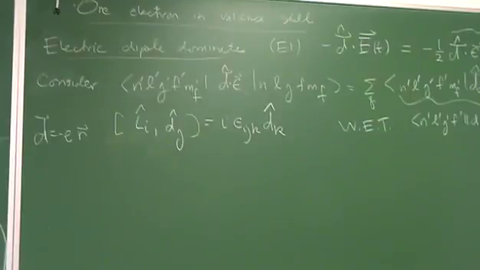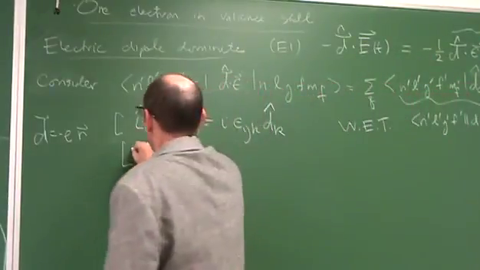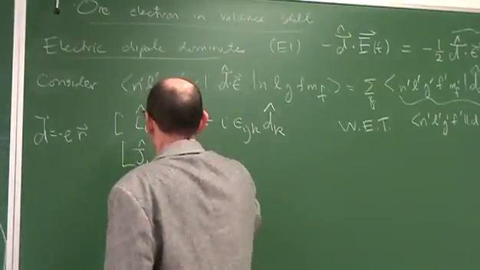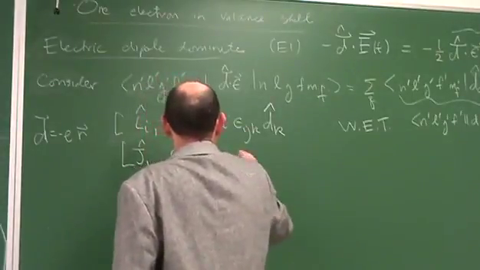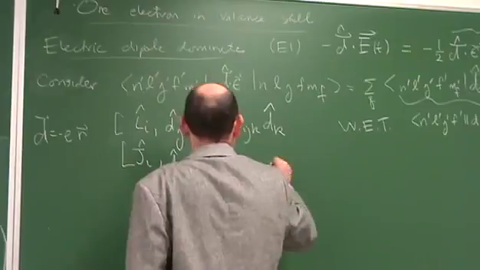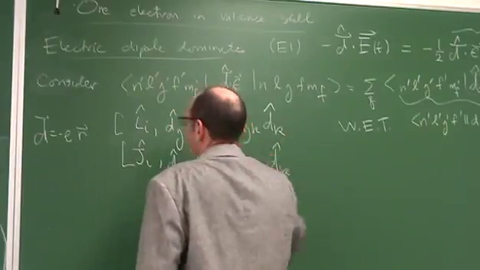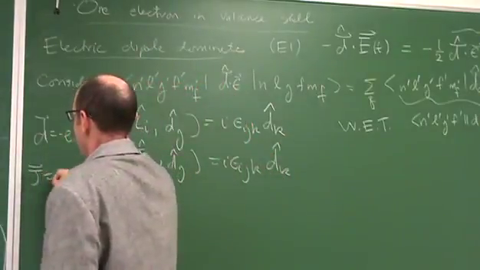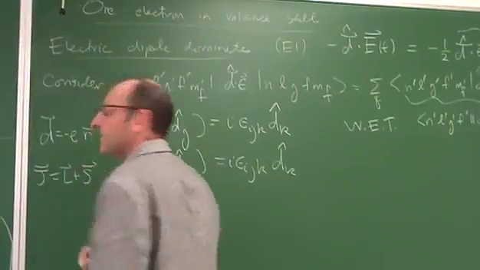So L is the generator of rotation of the body. So that's cool. But it's also a vector with respect to J, where J is L plus S.